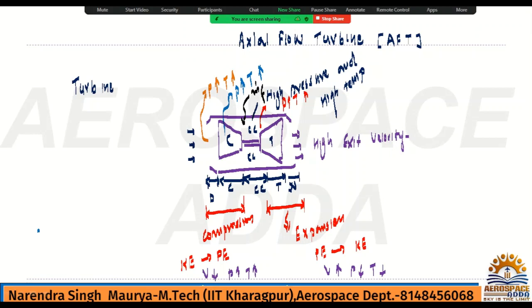And once the turbine blade starts rotating, then you will say turbine is producing work. Obviously this work will be supplied to the compressor and this will be a continuous process. All right, so this expansion will do basically two works. One, it will do work over the turbine blades, so work will be produced by the turbine. Second, obviously kinetic energy will be increasing, velocity will be increasing, and then further kinetic energy will be increased in the nozzle, and finally you will get highest exit velocity.